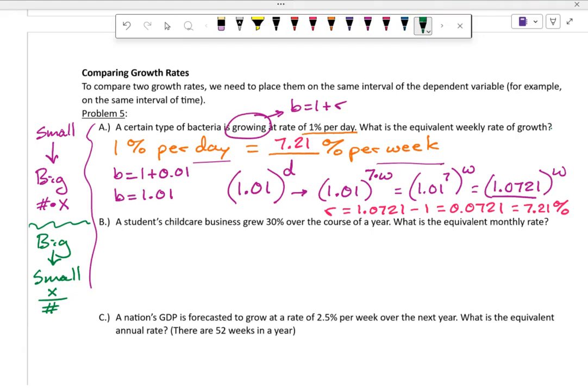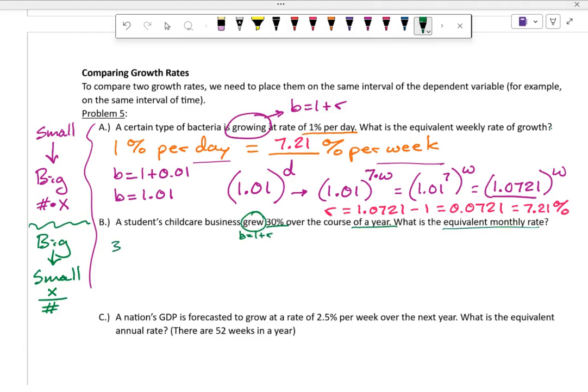So if I wanted to do problem B here, I would say, hey, we are growing. So again, that is a B equals 1 plus R. We have a rate of 30%, and this is over the course of a year. So we want to know what is the equivalent monthly rate.